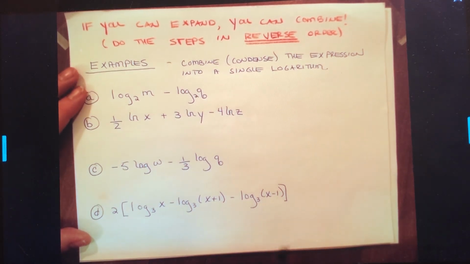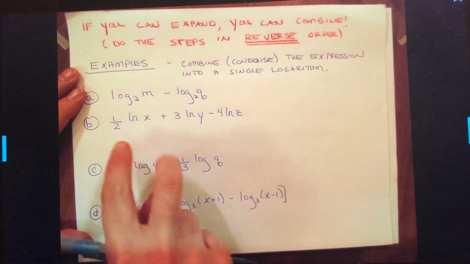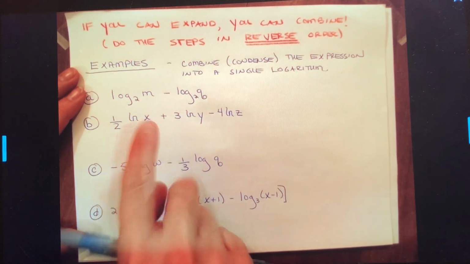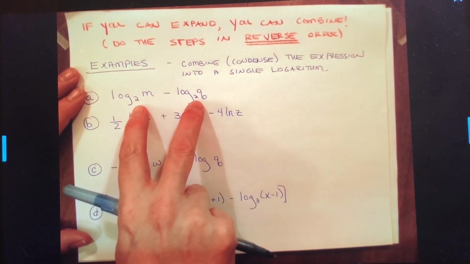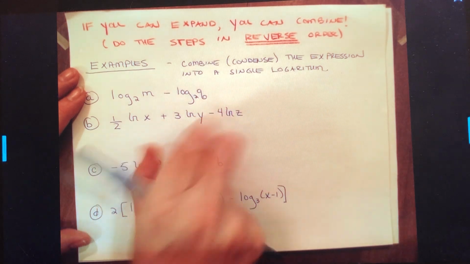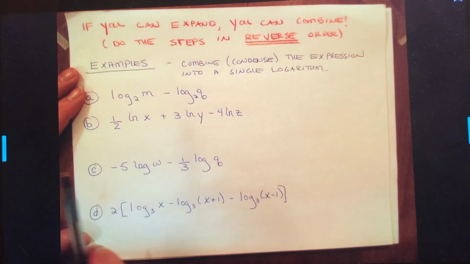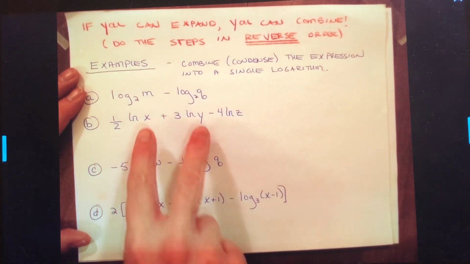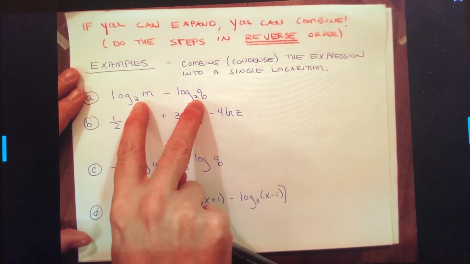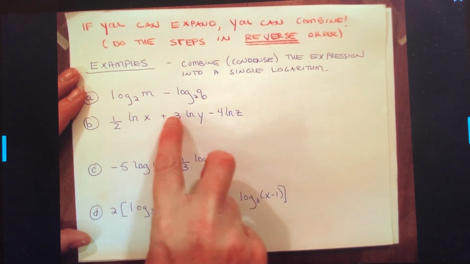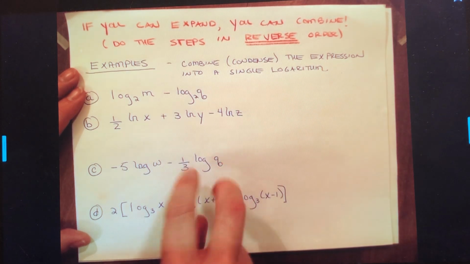So again, I started out with a more simple example, and we'll try to get a little bit more complicated as we go down. Okay, so for this first example, I am going to first make sure that the bases match, because we should never combine logs into a single log if the bases don't match. The goal is not to try to trick you. They should all be that way. So these are both 2's, so I can combine them. In this problem, they're all natural logs, I can combine them.